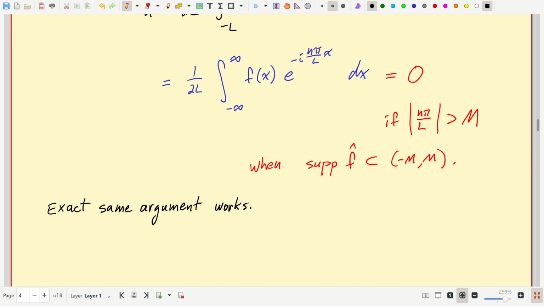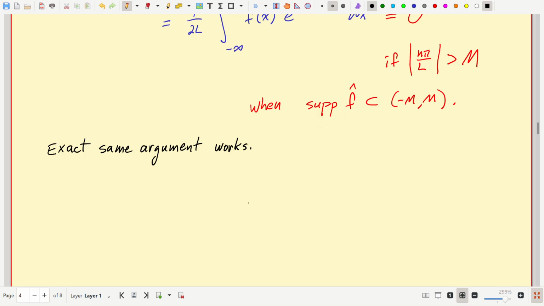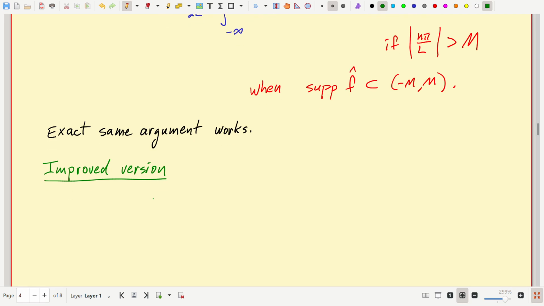I want to now show you that, so here's an improved version. Let's say I assumed f was C1. I can actually assume something less.